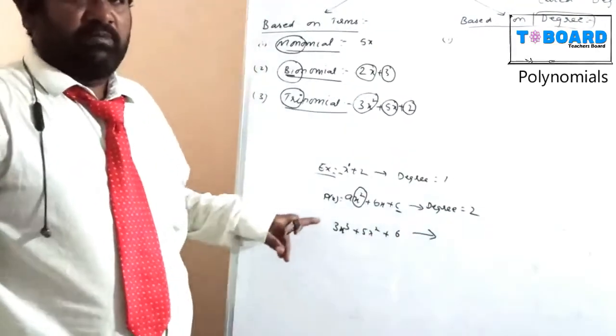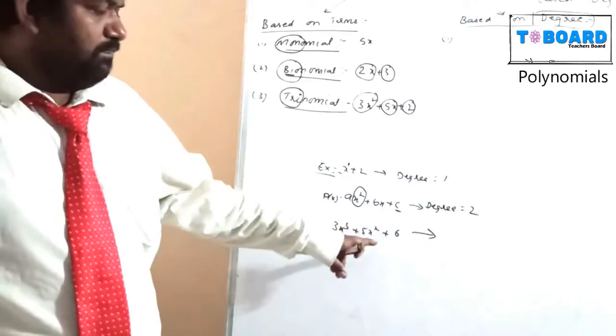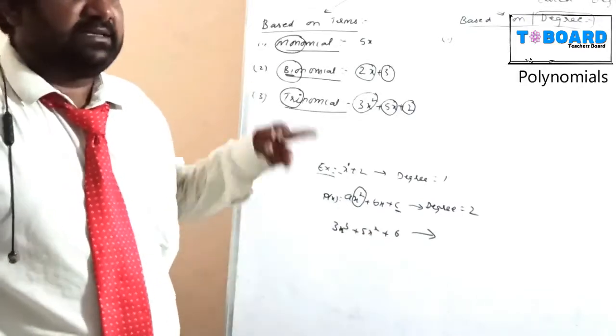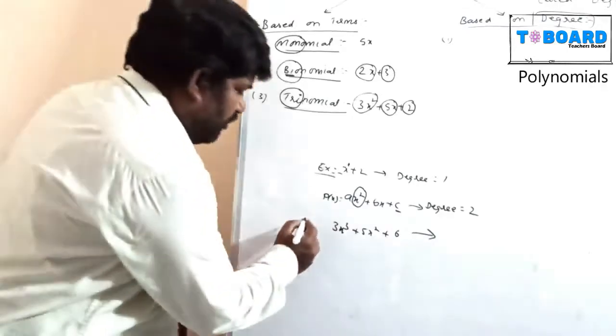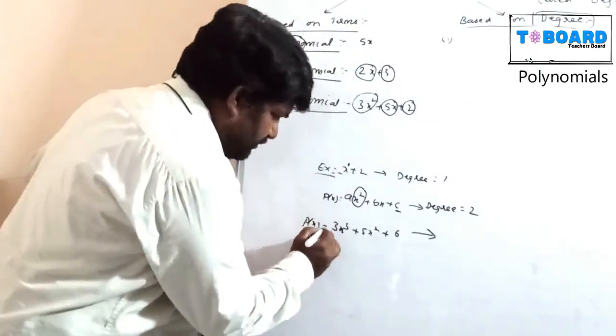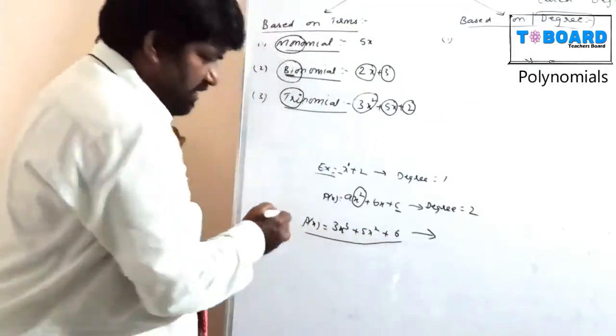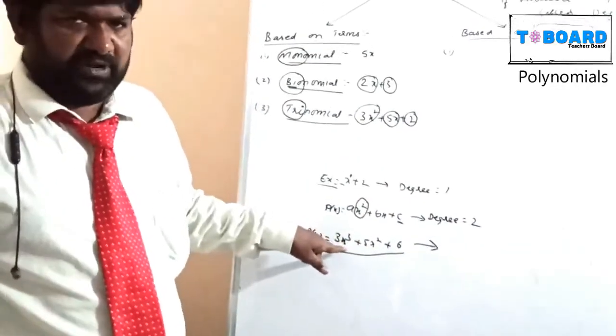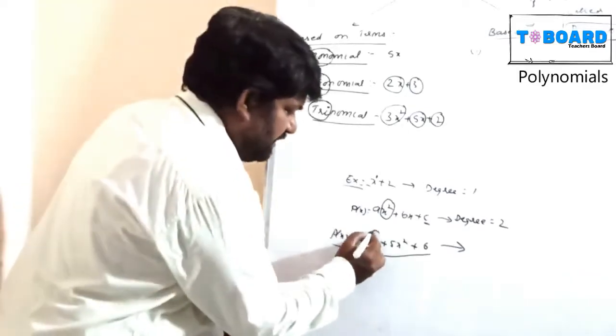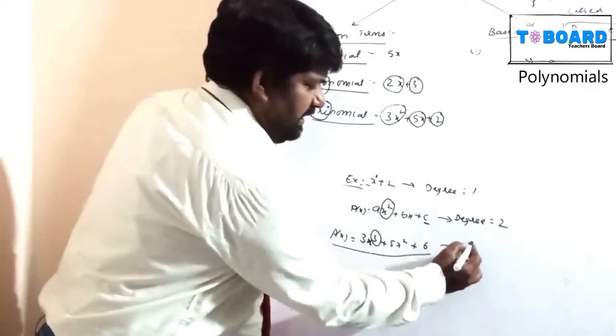For example, 3x cube plus 5x square plus 6. Given the polynomial p of x equals 3x cube plus 5x square plus 6, the highest power of x is 3, so the degree is 3.